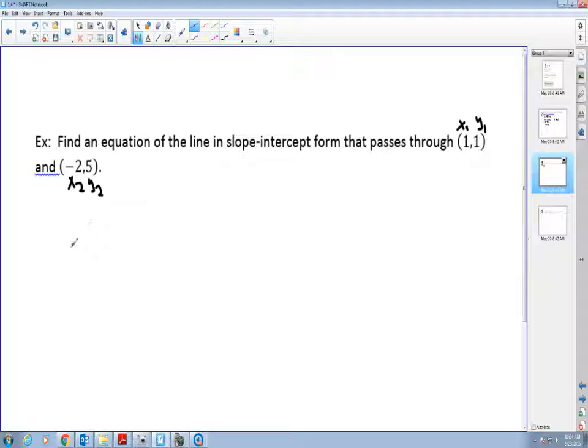So use the slope formula, y2 minus y1. That will be 5 minus 1 over x2, which is -2, minus x1, which is 1. And that will give me 4 over -3. So my slope is -4/3.